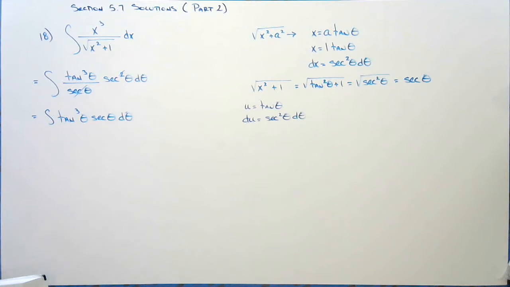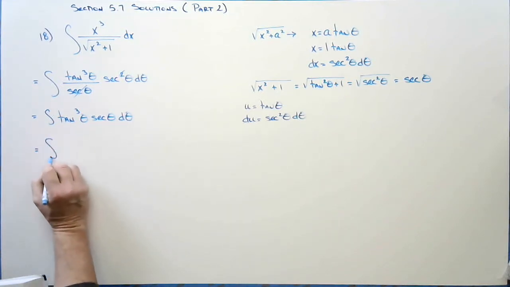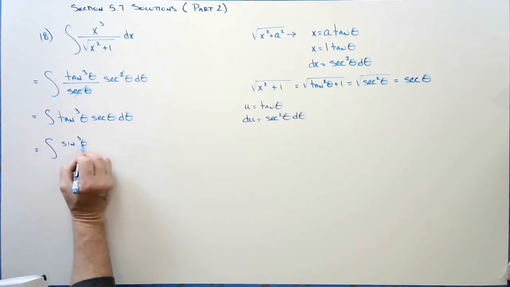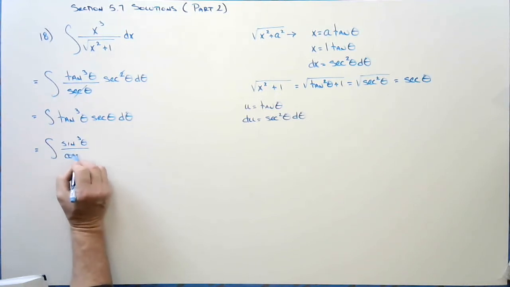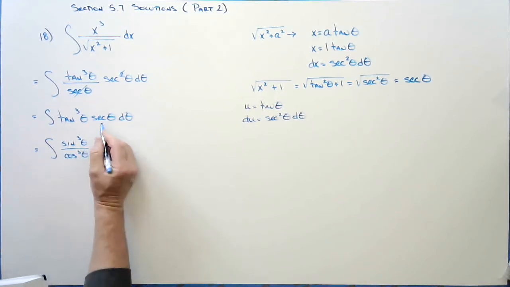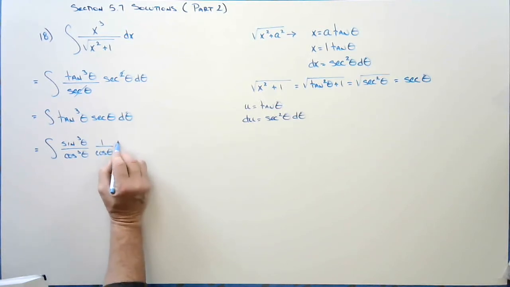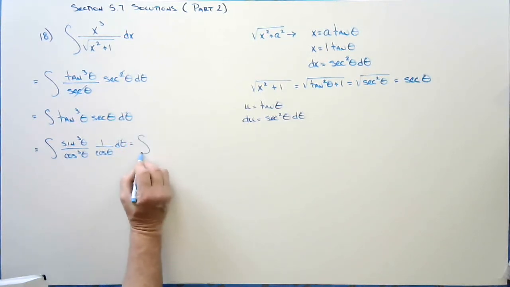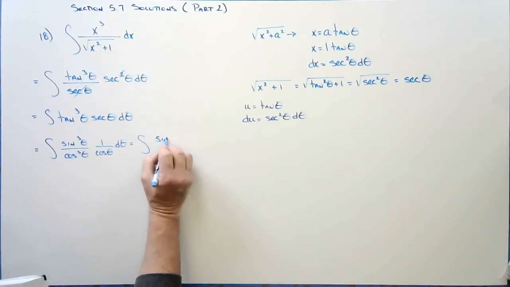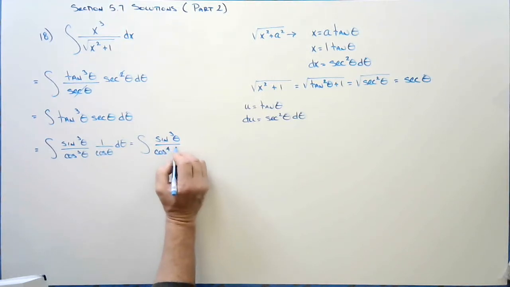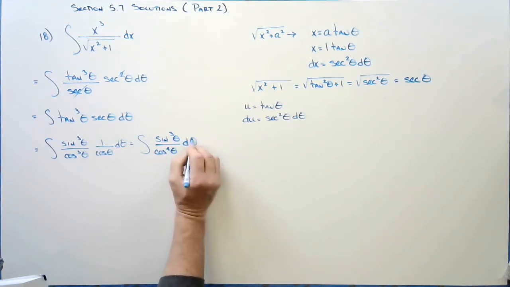We could turn this into sines and cosines and see what happens there. Tangent is sine cubed theta over cosine cubed theta. Secant, of course, is 1 over cosine theta d theta. And that would get us the integral of sine cubed theta over cosine to the 4th theta d theta.